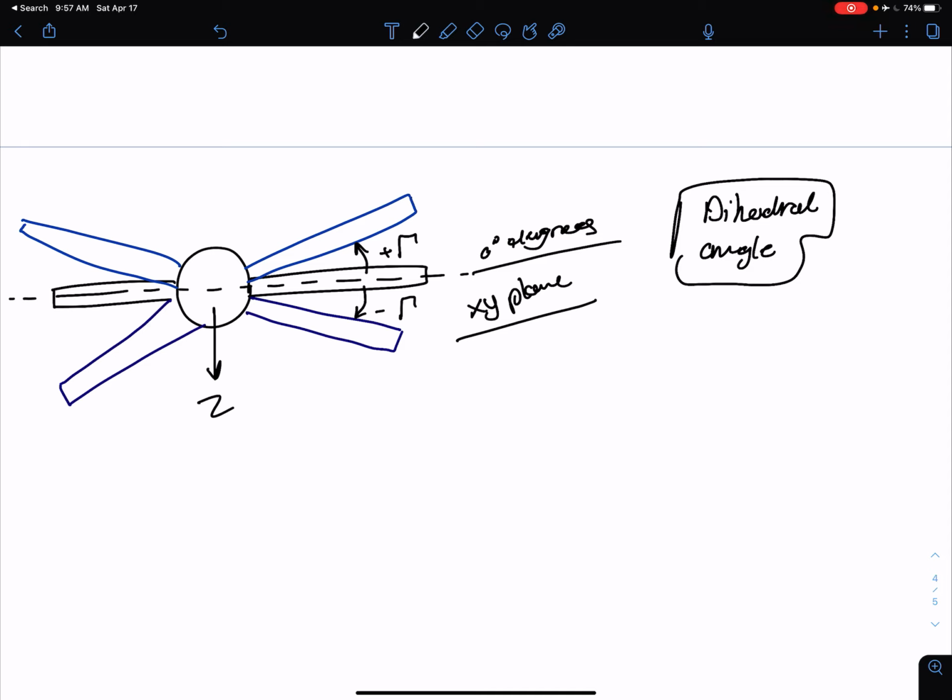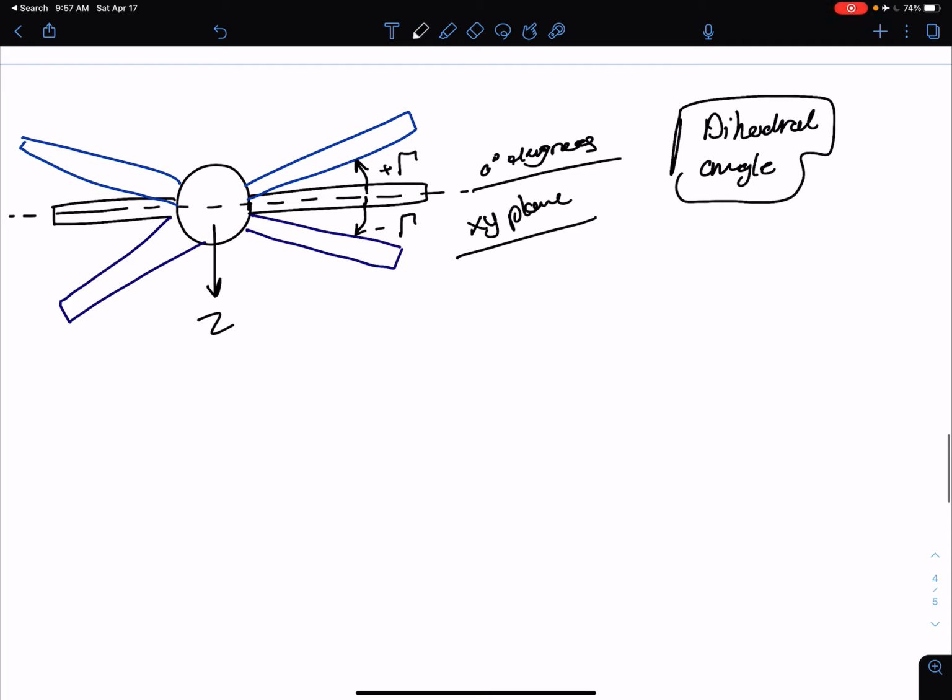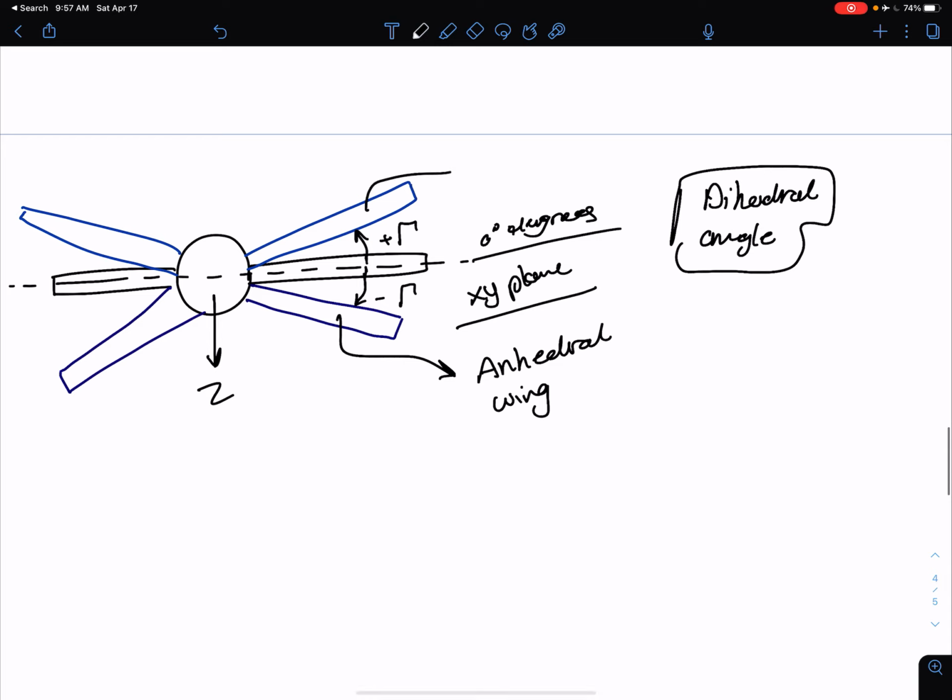I know we use gamma for circulation as well, but we use gamma for a lot of things in this course, so just make sure not to confuse the two gammas. The positive dihedral angle is called dihedral, and when you have a negative dihedral angle, this type of wing is called anhedral.